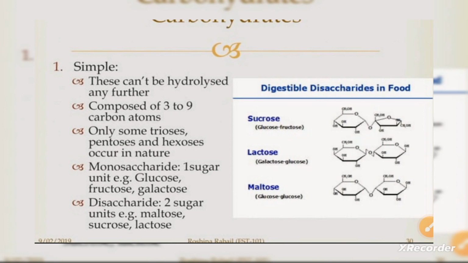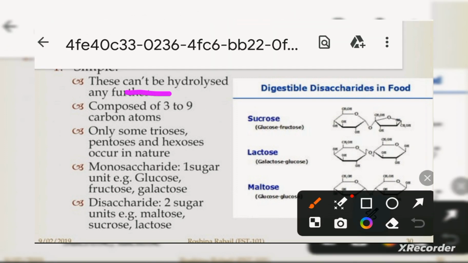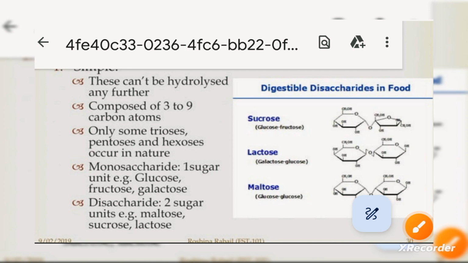Actually, the first point: these cannot be hydrolyzed any further.